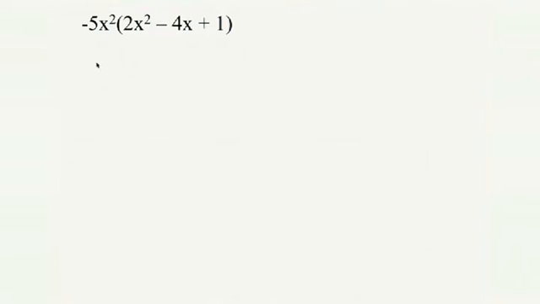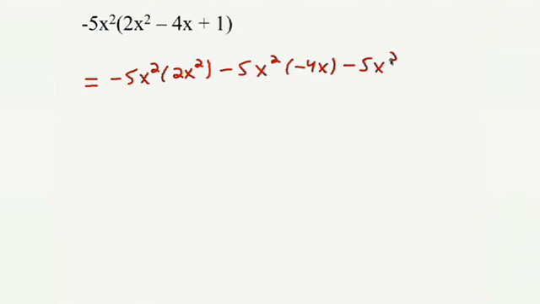All right, let's continue. Again, here, this is negative 5x squared times 2x squared, negative 5x squared times negative 4x, and negative 5x squared times positive 1.